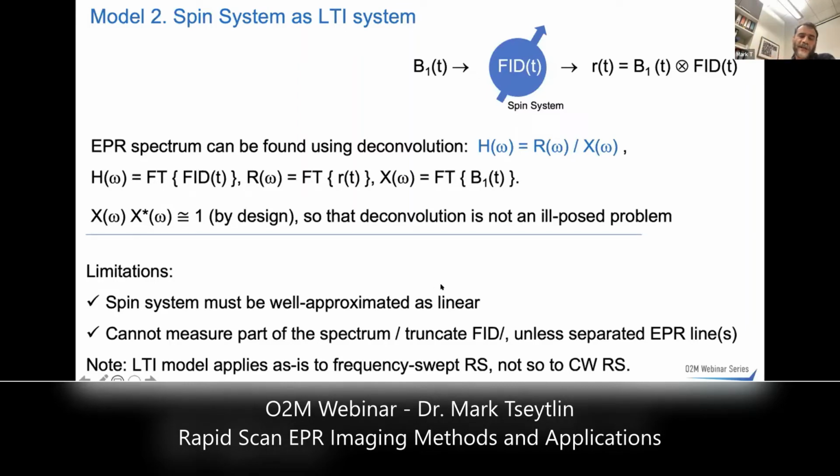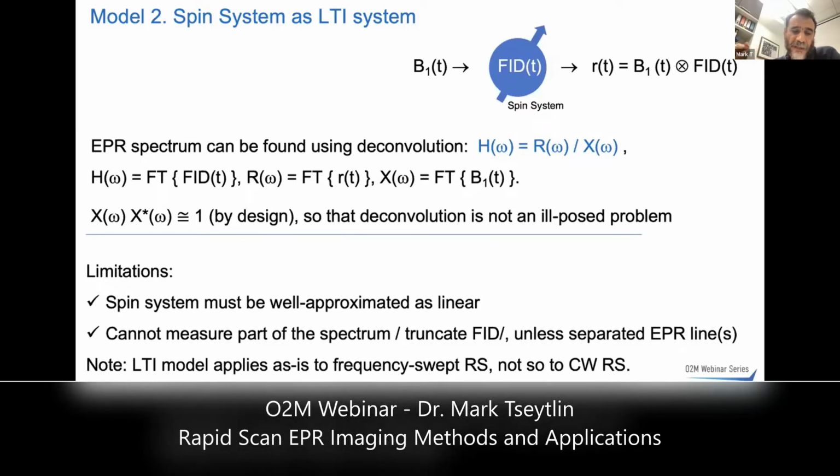Now if you apply low power excitation to a spin system, measure the output, take the Fourier transform and divide in the frequency domain, you have your spectrum right away. There are methods that do exactly that in NMR and in EPR. The limitation, again, is that the spin system must be well approximated as linear, and you need to excite the whole spectrum, because you don't want to truncate the FID.